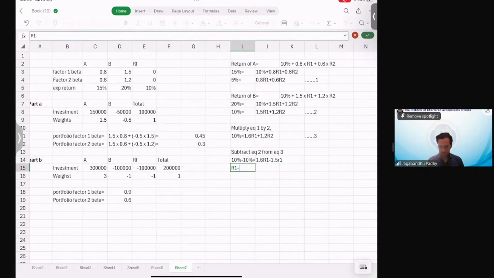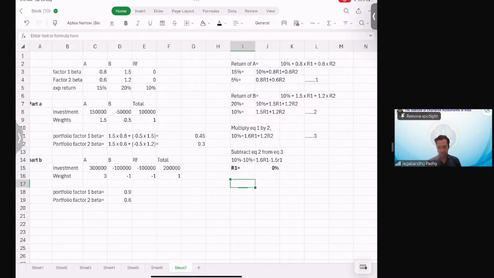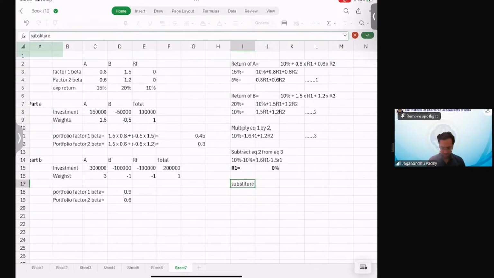So we get the risk premium for the first factor to be 0%. Right? So substitute the risk premium for the first factor as 0% in any of the equations.